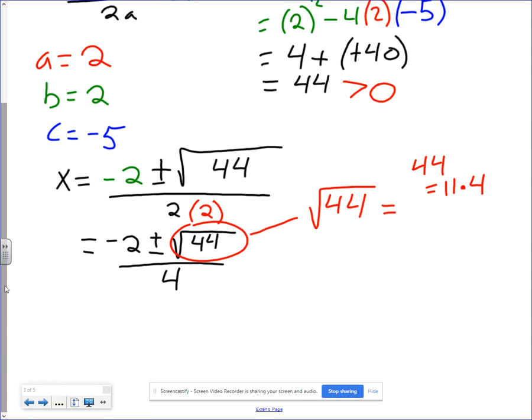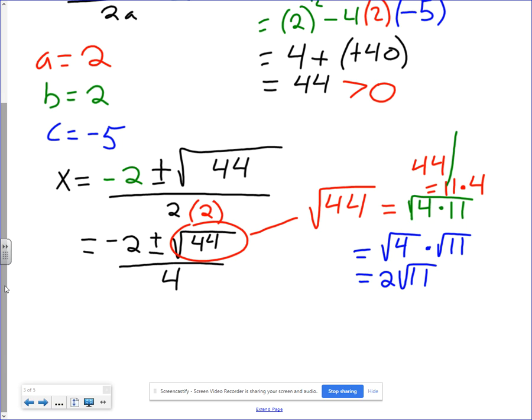So we can write this 44 as 4 times 11. And that's the same as saying the square root of 4 times the square root of 11. And we know the square root of 4 is 2. We can't do anything else with the square root of 11 because that's a prime number, so we just leave it.